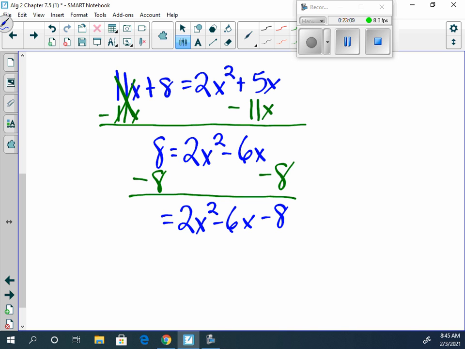And what would be on the other side? 0. Because again, when we get quadratics or higher degree polynomials, we want it to equal 0. Because if 2x squared minus 6x minus 8 is factorable, I can rewrite it as sets of parentheses being multiplied together. And if I have more than one thing being multiplied together, one of them has to be 0.